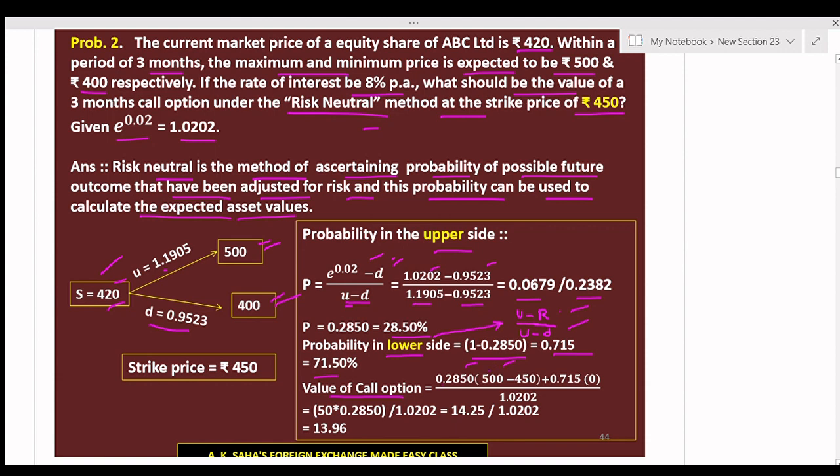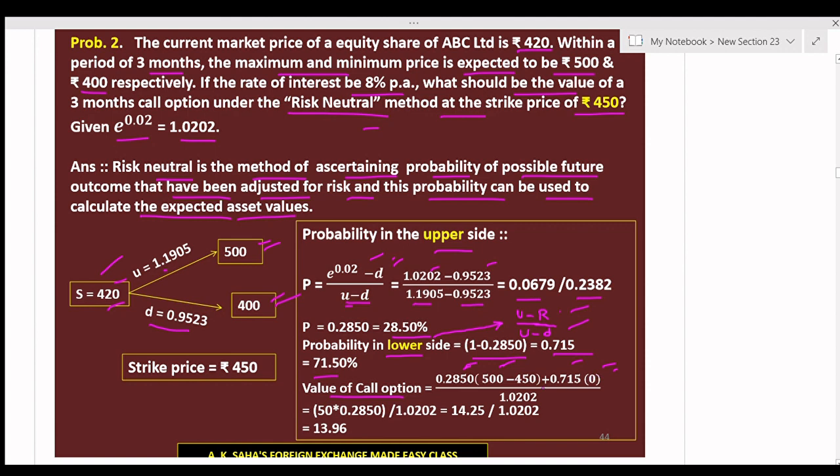Now come value of the call option is equal to P into intrinsic value on the upper side plus 1 minus P into intrinsic value of the lower side. So here 0.2850, the probability of the upper side, multiplied with 500 minus 450. 450 is the strike price. That is intrinsic value will be 50, and in the lower side it will be 0 because 400 lower side value is less than the strike price 450.